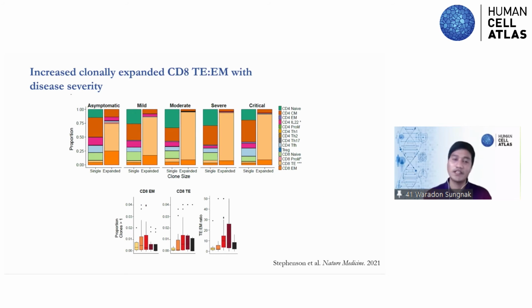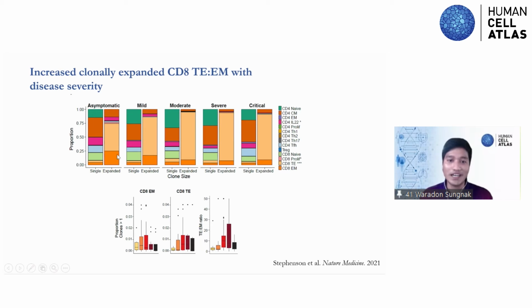What's also interesting is that once we subset the cells only in the clonally expanded groups, which is a soft proxy for antigen-specific activation, and I emphasize it's a soft proxy, even though we could not rule out bystander activation, we saw a trend of clonally expanded CD8 effector cells with disease severity, suggesting that having too many effector CD8 T cells might actually result in a more severe immunopathology.